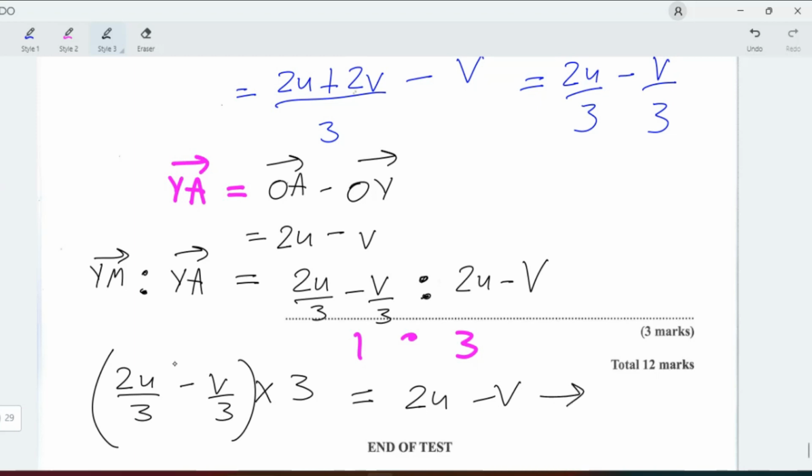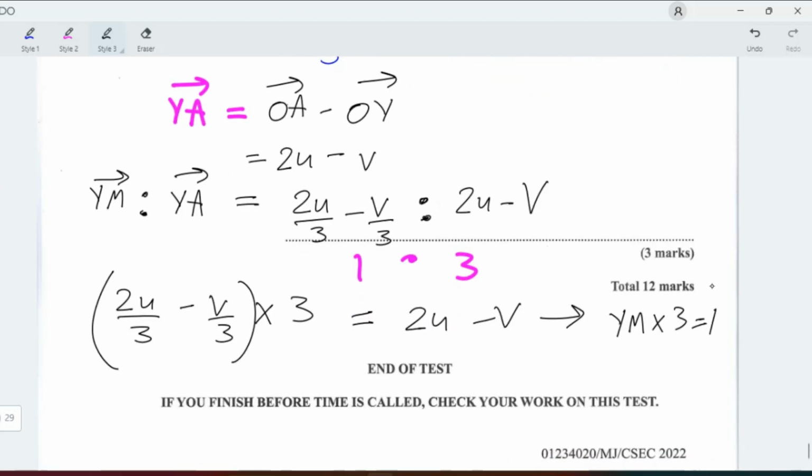In other words, it is telling us that YM times 3 is equal to vector YA. So 3YM equals YA.